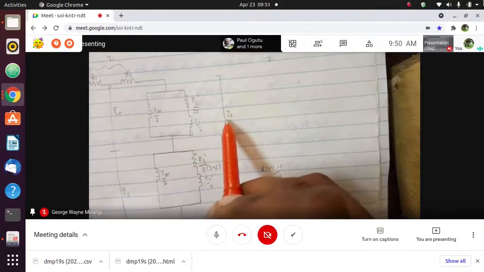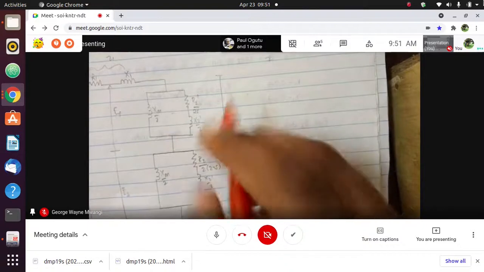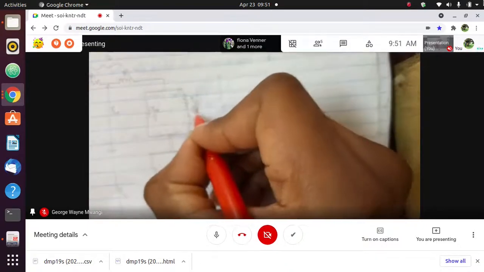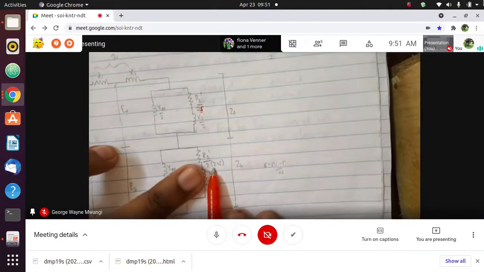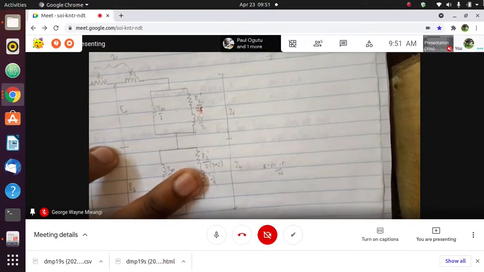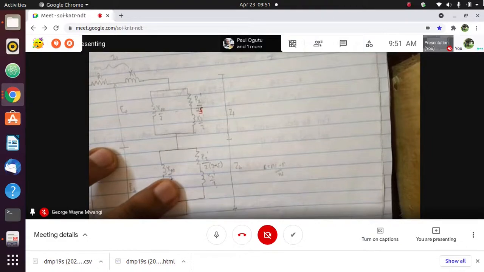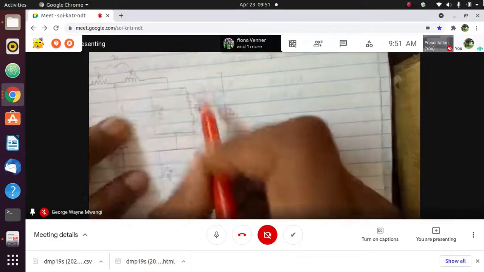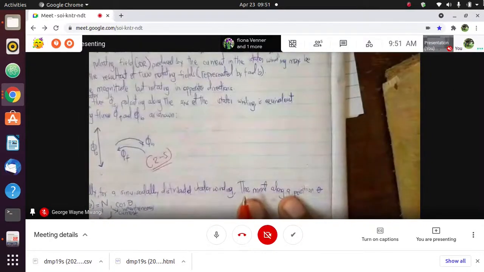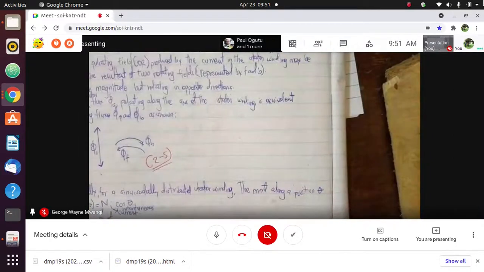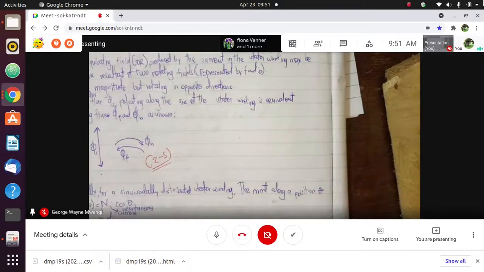The slip due to the forward moving flux will be S. The slip due to the backward moving flux will be 2 minus S. Are we together? The impedance due to the forward moving flux, we have that long formula I gave you, and I have also given you the impedance in the rotor due to the backward moving flux.